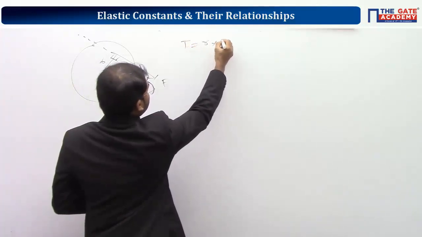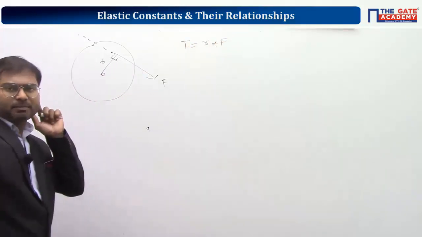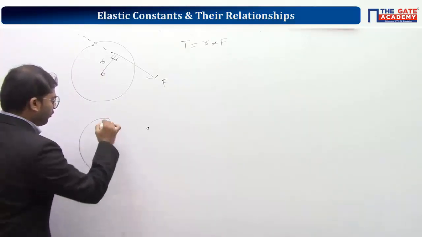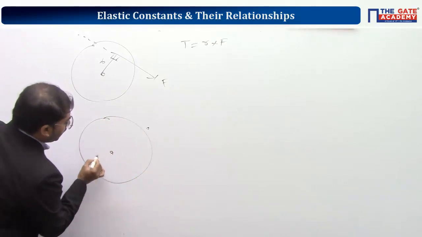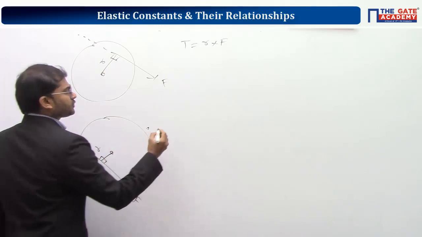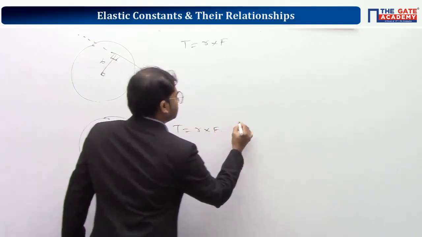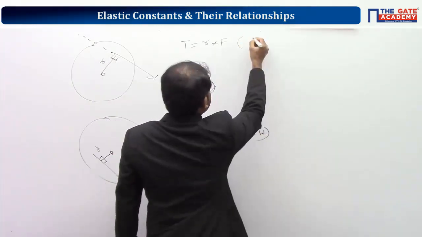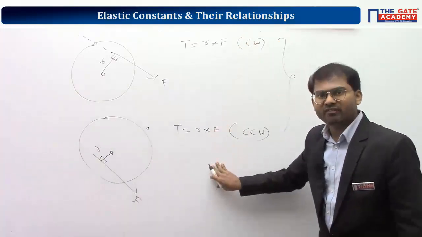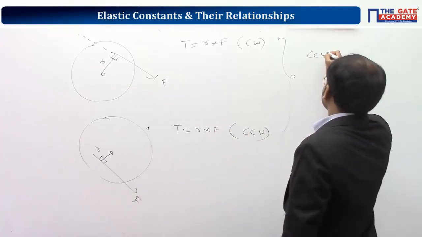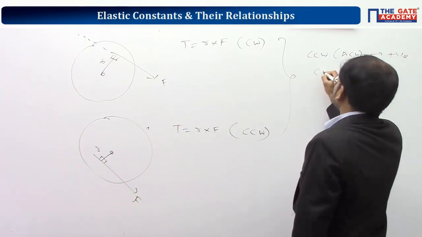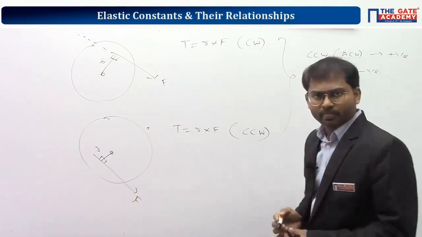So torque is given by R into F, where R is the perpendicular distance. Understand? Okay, so here if you have this force and radial distance R, you can cause anti-clockwise rotation also. So this force will be giving rise to counterclockwise rotation and this will be giving rise to clockwise rotation. So we understand that torque is basically a vector quantity. So we take counterclockwise or anti-clockwise torques with positive sign and clockwise torques with negative sign. Understand? Clear?